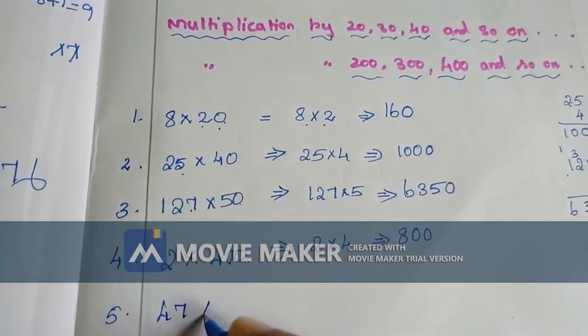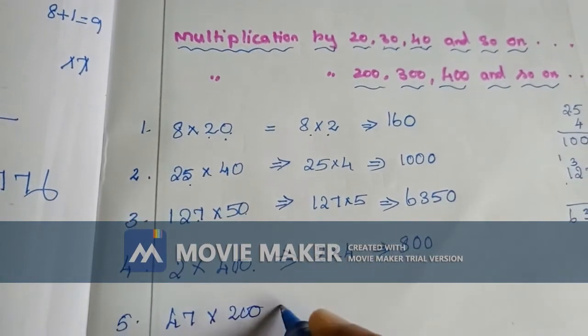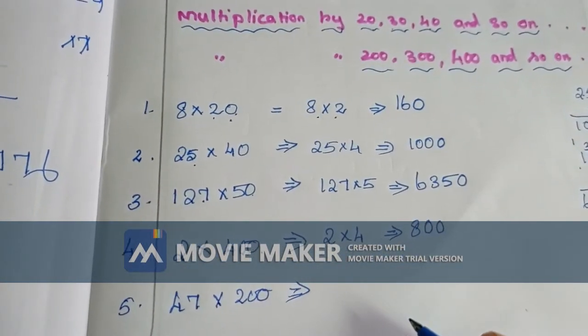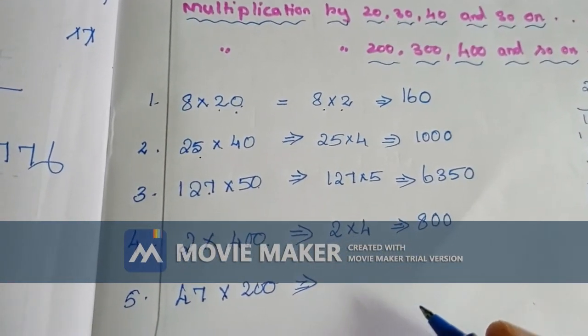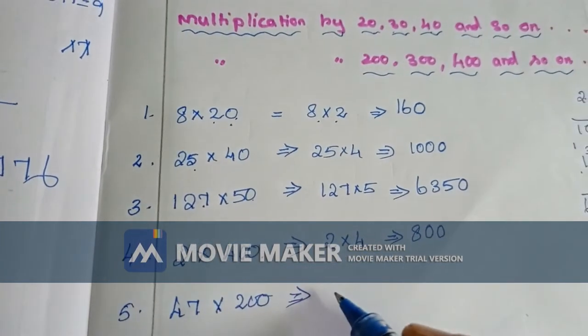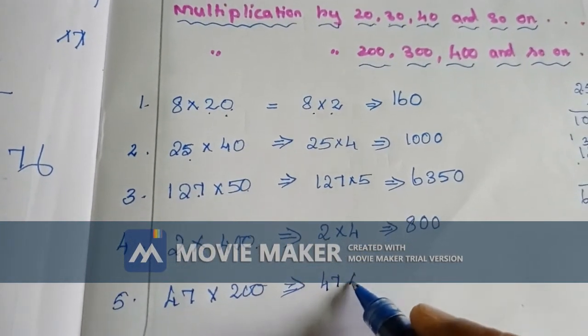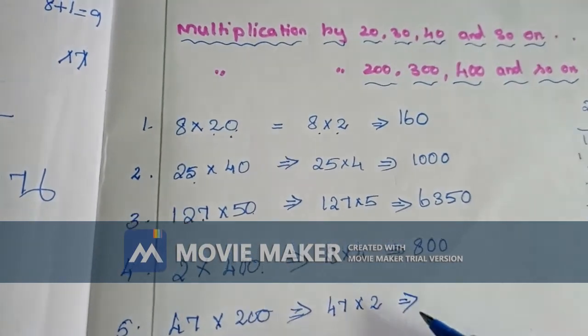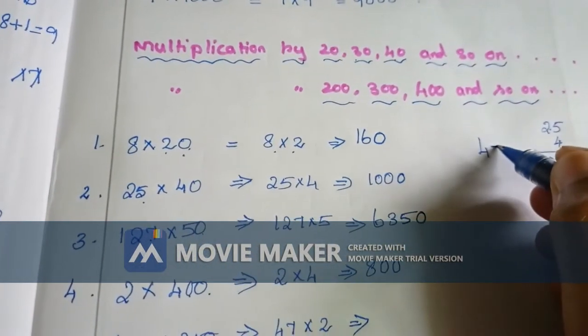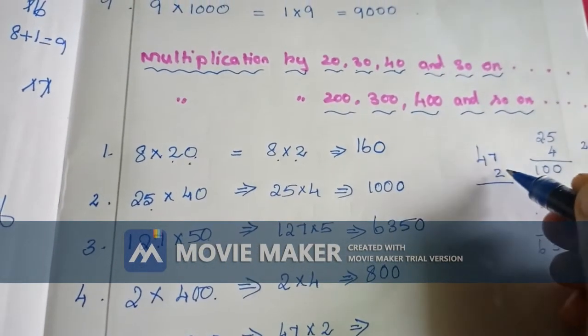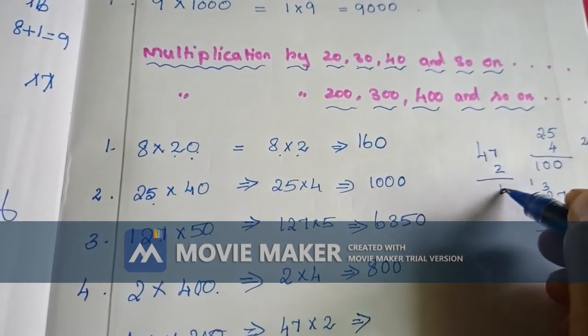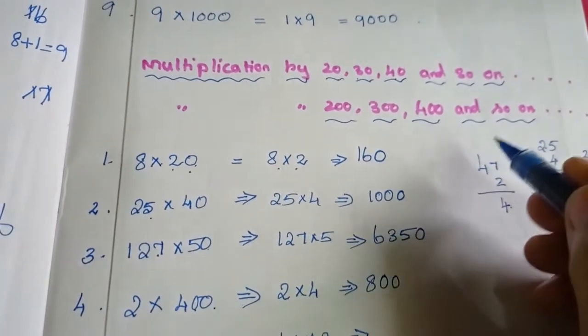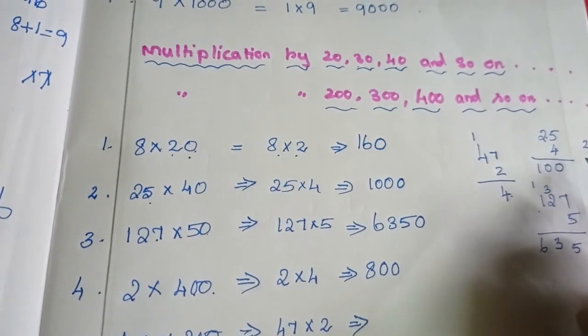47 by 200. So what is the first step children? Yes, we have to multiply this 47 by 2. So what is the answer? While we are multiplying this 47 by 2, 7 2s are 14. So write 4 to this ones place and carry over this 1 to this tens place.